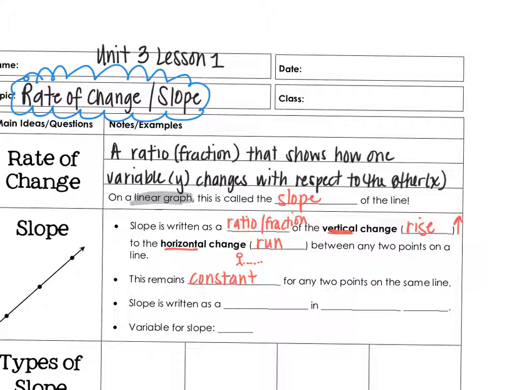So in a nice straight line, the slope is consistent throughout. The slope is written as a ratio or a fraction in simplest form, so reduced as much as you can. And the popular variable we use to represent slope in all mathematics is m.